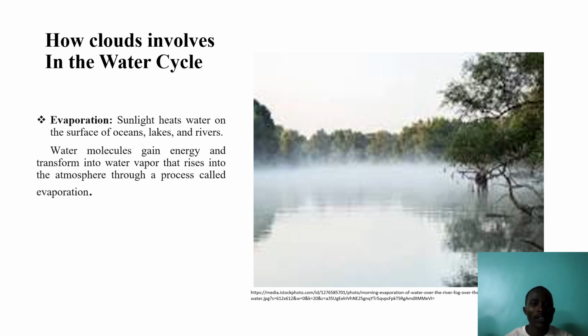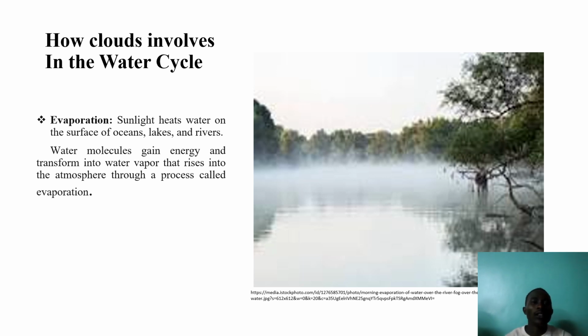Evaporation. Sunlight hits the earth's surface of oceans, lakes, and rivers. Water molecules gain energy and transform into water vapor that rises into the atmosphere through a process called evaporation.